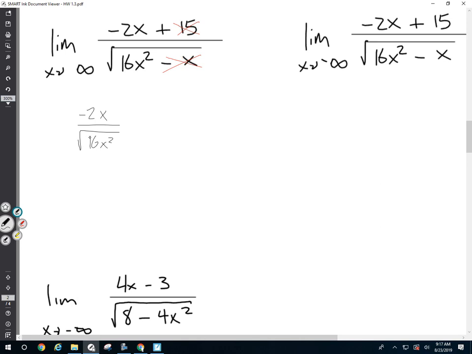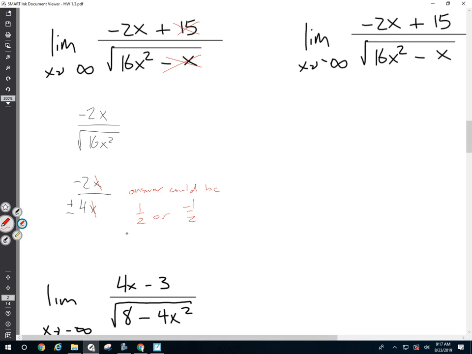I can simplify root 16x squared to be 4, but this x squared becomes a plus or minus x. Now, this is only just to know that I could have a positive or negative. Yes, the x's will cancel, but this is telling me my answer could be positive a half or negative 1/2.